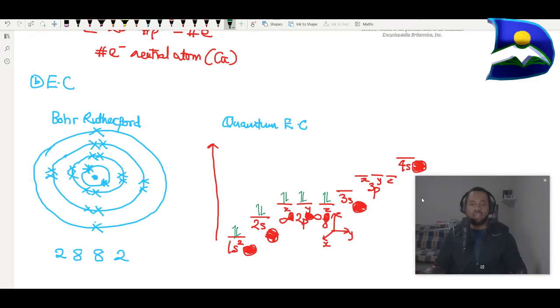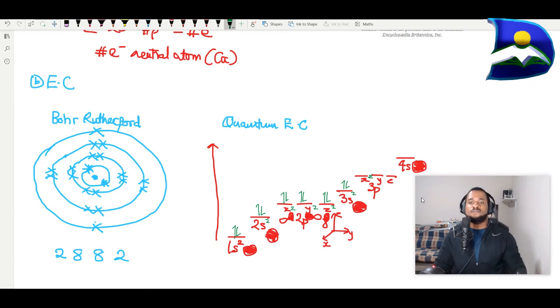In total, we have 2 plus 2 gives us 4, plus 2 gives us 6, plus 2 is 8, plus 2 is 10. Don't put 2 here first, let's erase that and go with our system here.